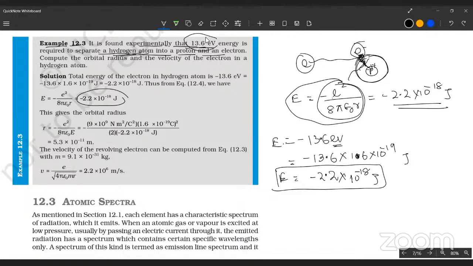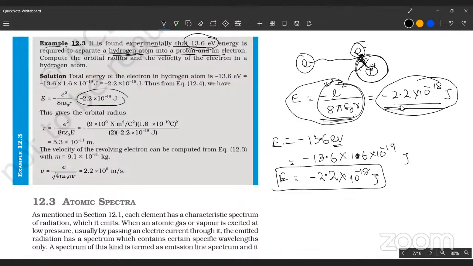So this much energy is required. That means this is the energy of the electron, because we found the total energy is this, so total energy must be equal to this much, right? So that it is able to break.